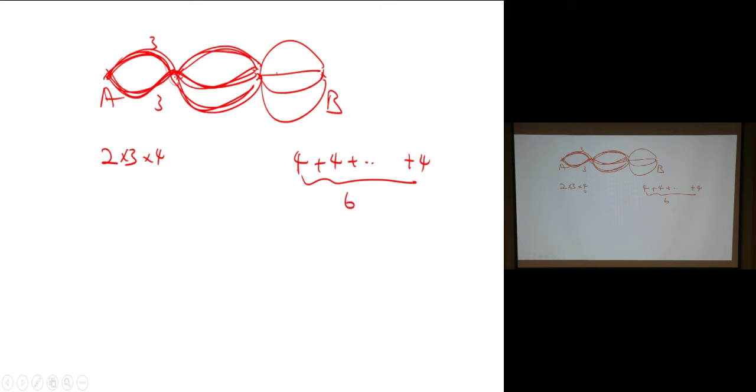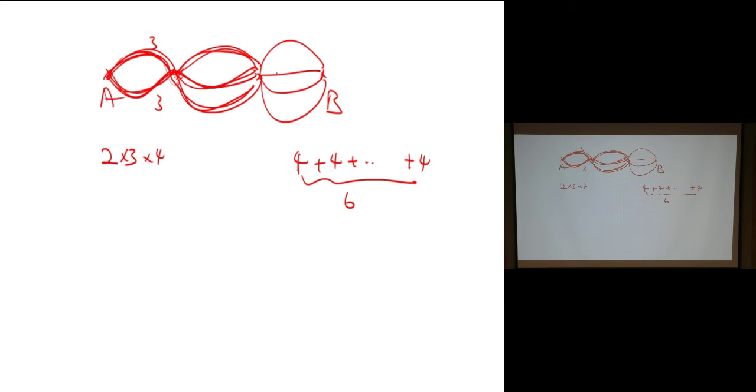That is how we look at the multiplication rule: at each point there are so many ways, and for each possible combination at the next point you can have so many other ways.